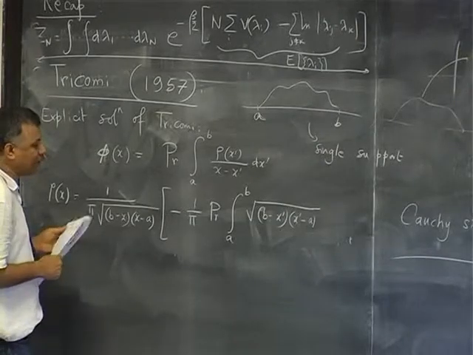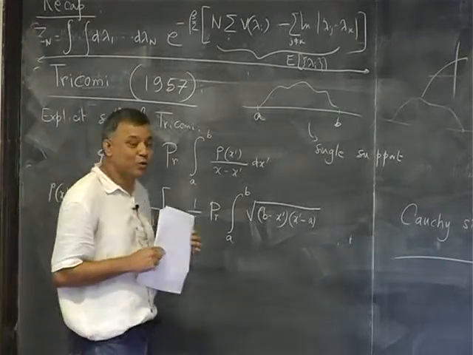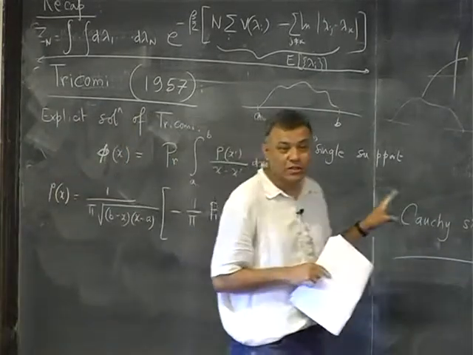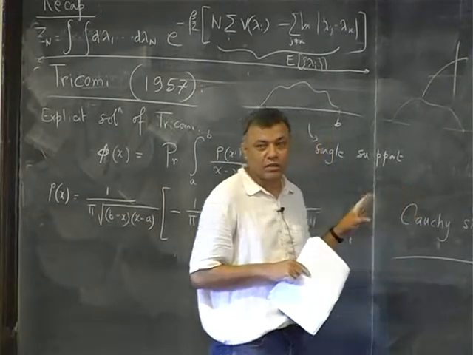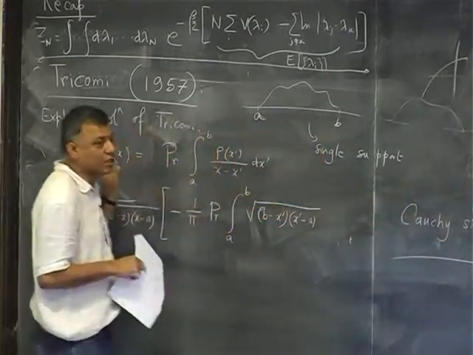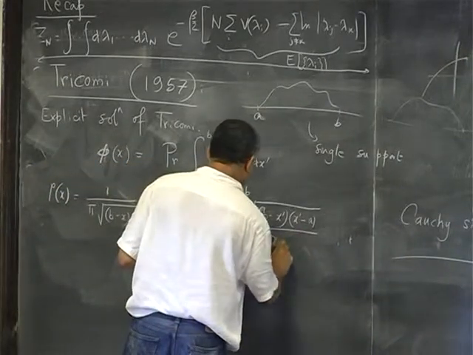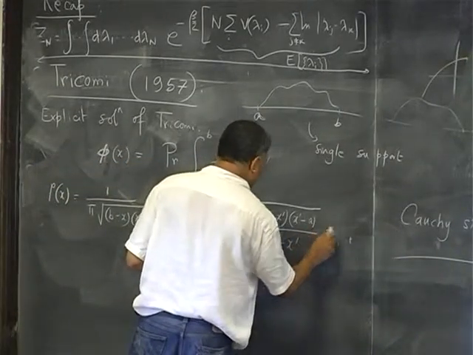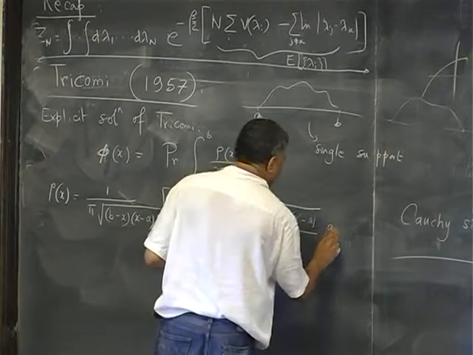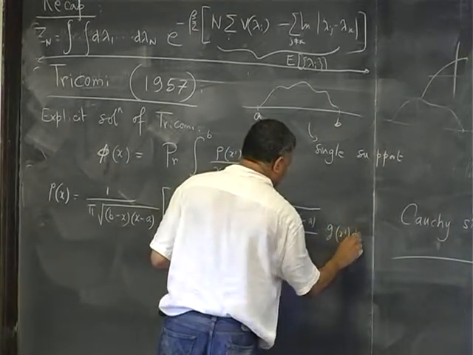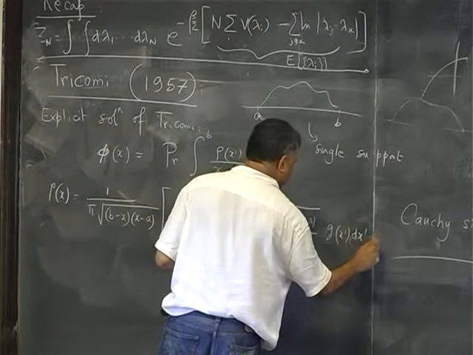But actually, they need not have solved this problem if they knew about Tricomi. They did not. Tricomi was much before, of course, but they did not know the explicit solution. It's a useful paper because it gave rise to a new method, which if I have time, I'll talk about next lecture.